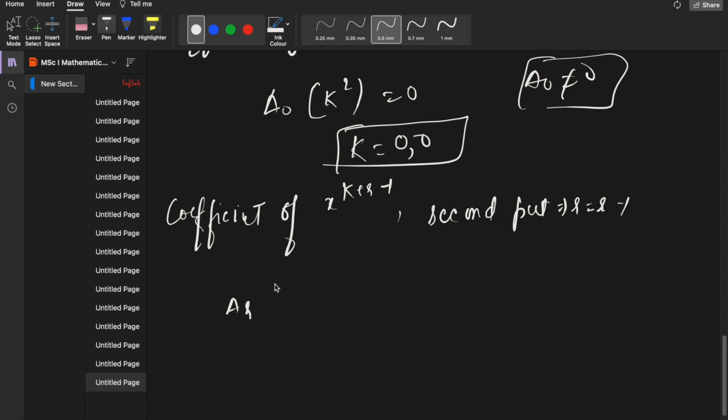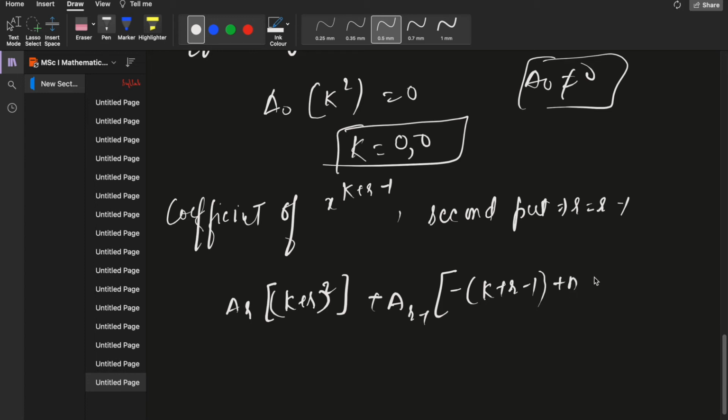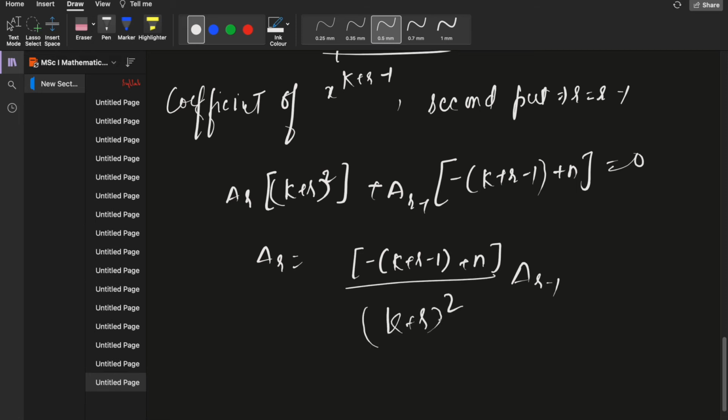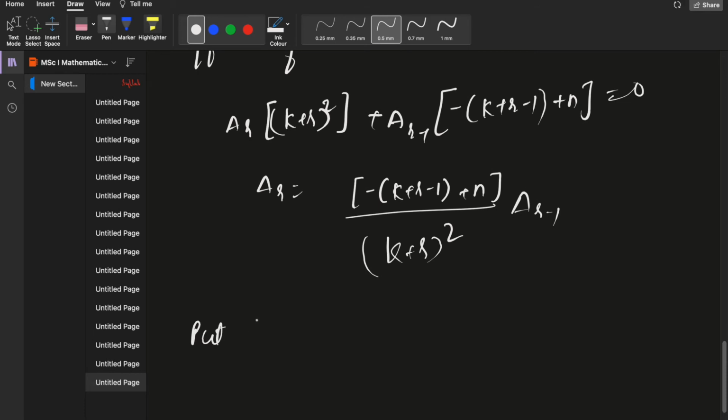This will give me ar (k + r) whole square, plus, put r equals r minus 1, the quantity is (k + r minus 1 + n) a(r minus 1) equals 0. So ar becomes minus (k + r minus 1 + n) a(r minus 1) upon (k + r) whole square. Put k equals 0.